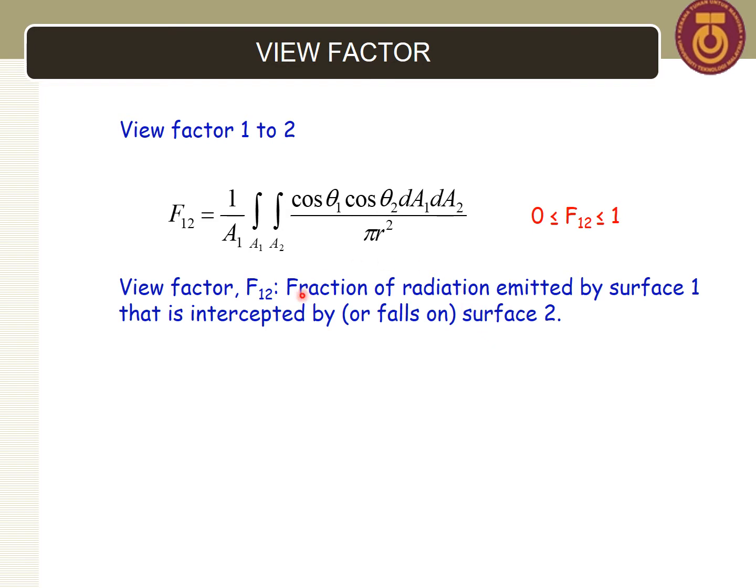From the definition, the value of view factor F12 lies between 0 and 1. If F12 equals 0, none of the radiation emitted by surface 1 falls on surface 2. The opposite is, if F12 equals 1, it means all, 100%, of the radiation emitted by surface 1 falls on surface 2.